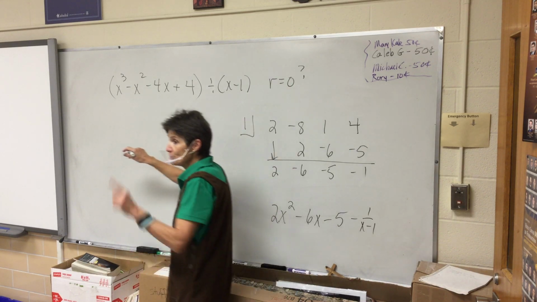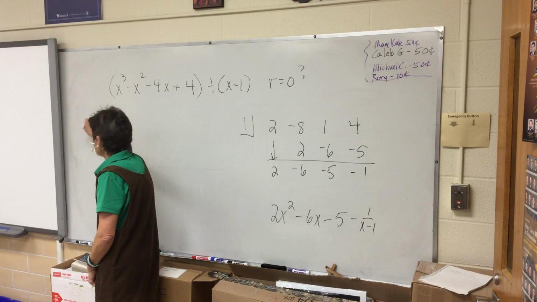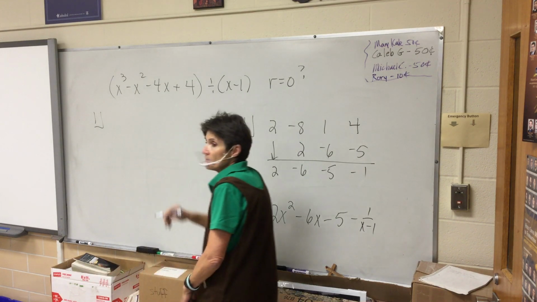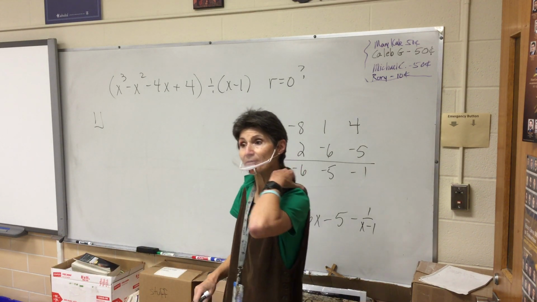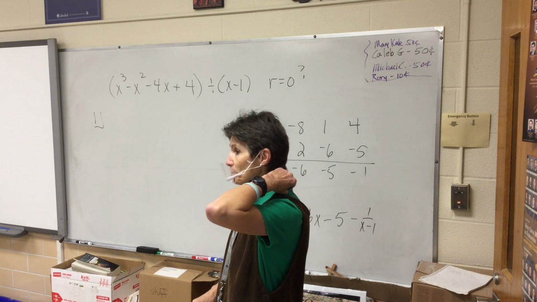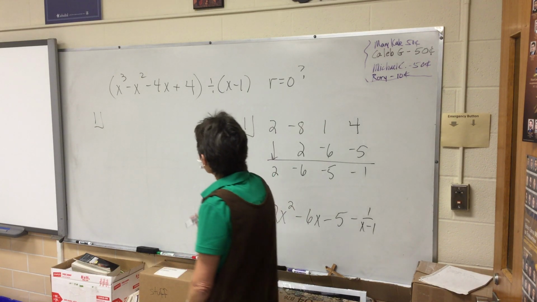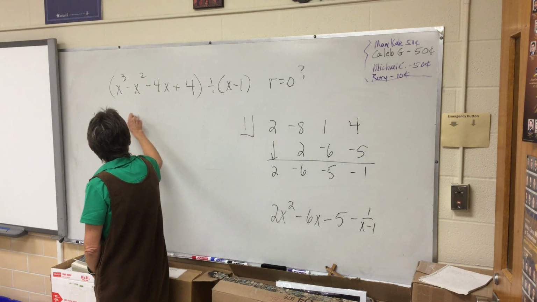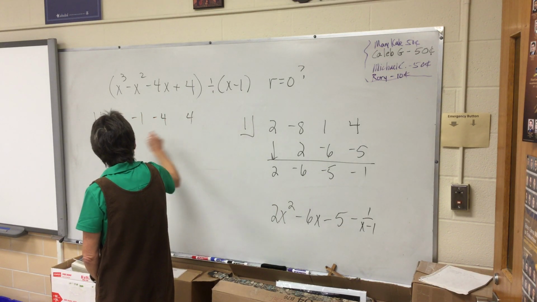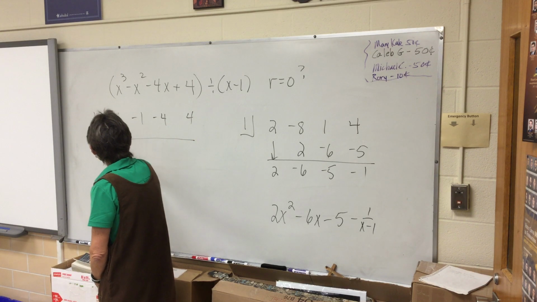All right, I'm going to go ahead and do the division though, because I think that's going to be faster for me. If I want to know if something is a factor, that simply means it divides in with no remainder. So doing this division, let's see if we get a 0.